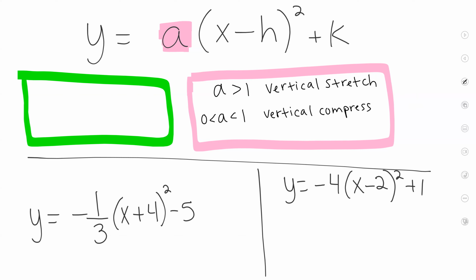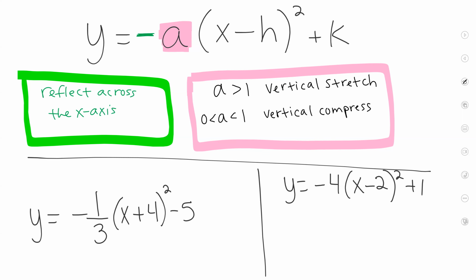Okay, that's that number in the front. Now, guys, if I put a negative in the front, what does that do? Yes, it will flip it. The mathematical term is going to be reflect. So if there is a negative, it will reflect across the x-axis.